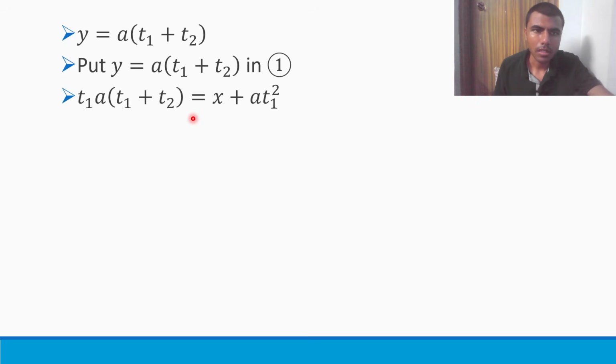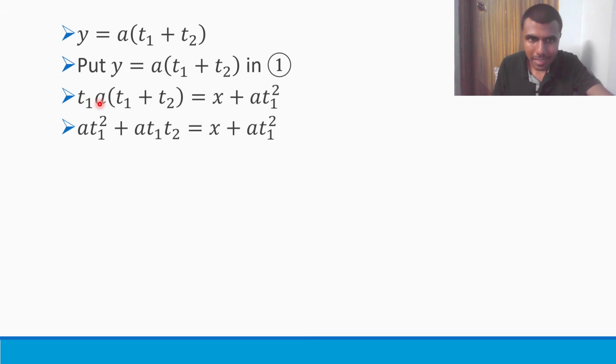Now a into t1 is t1 a, which is at1 square. Next, a into t2 means at1 t2. Just basic multiplication. Now again, at1 square and at1 square cancel. At1 t2 is equal to x, that means x is at1 t2.